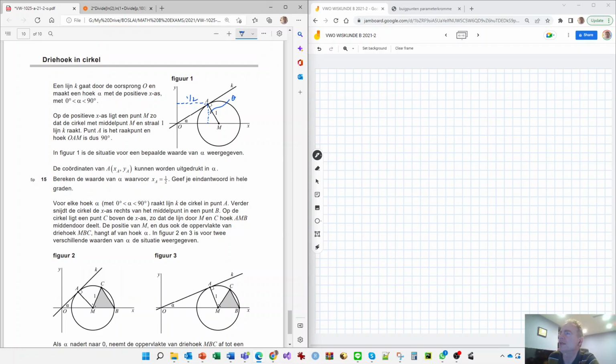You can see the two sides for this angle are perpendicular to the two sides of alpha. So actually theta is alpha.